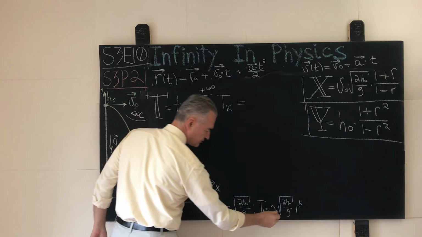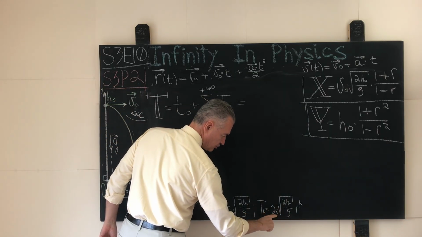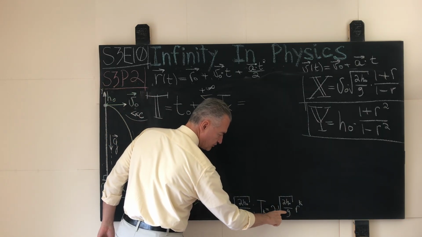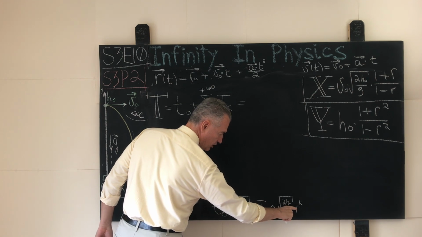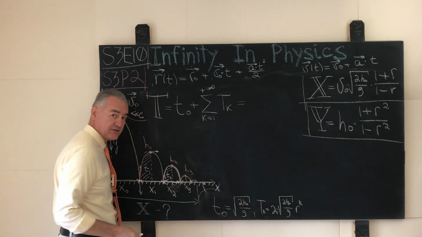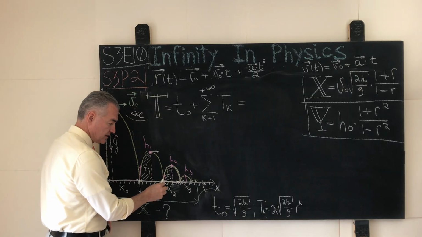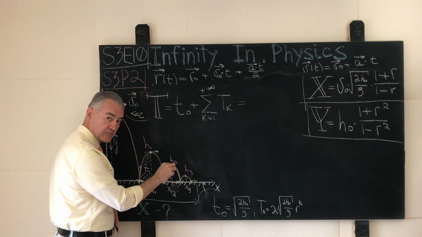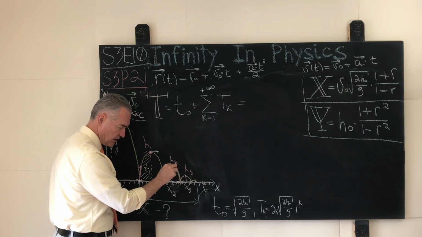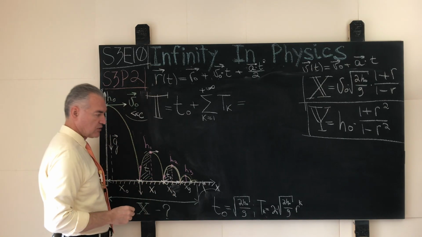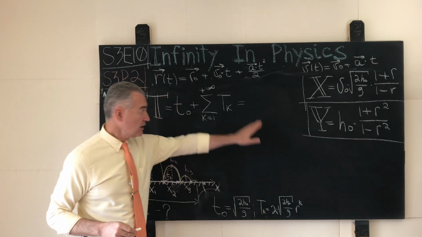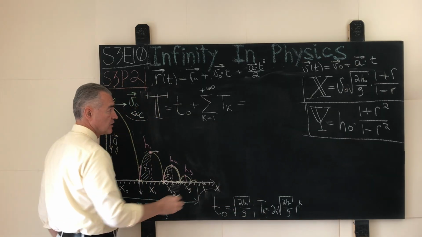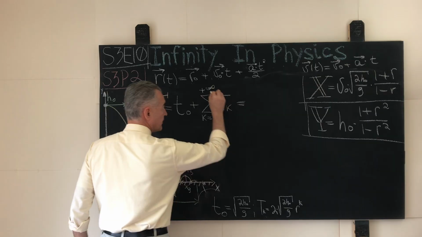And in some sense, we know that the factor of 2 in front of this time, where r is raised to the power of k, is explained which way. The time that it takes to climb to the highest point is exactly the same time as it takes to descend from the highest point to the ground level. That's why we have 2. And now we simply evaluate this here. Again, infinite sum.